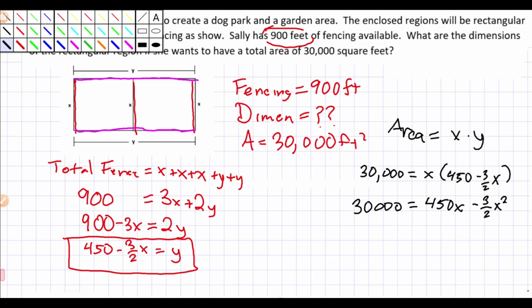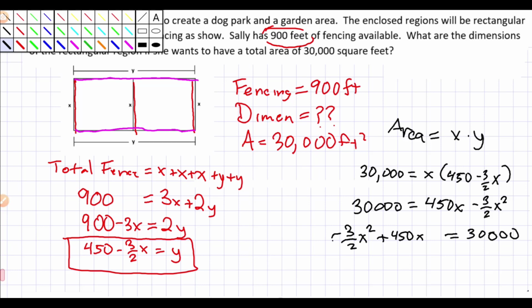All right, now I'm going to rewrite this really quick just so it looks a little bit nicer. Doesn't look that much nicer, but negative 3/2 x squared plus 450x is equal to 30,000.